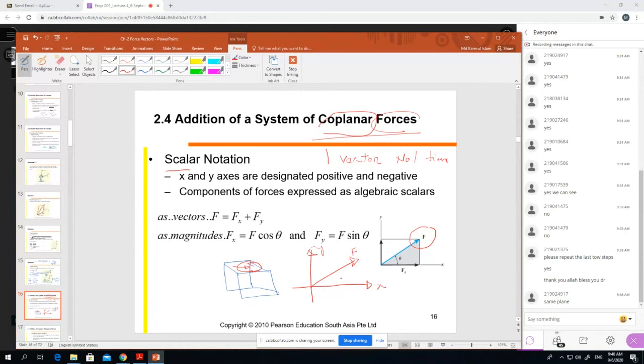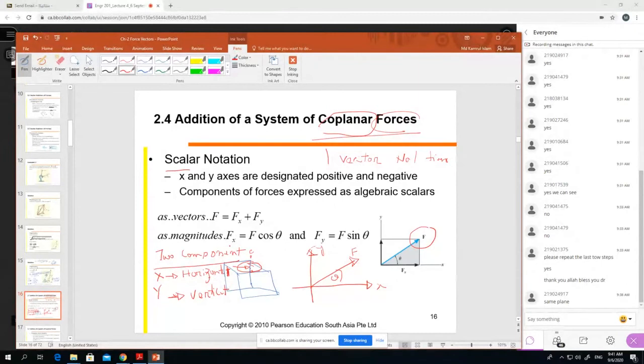Any force working with the theta angle will have two components. Remember, any inclined force will have two components. One is the x component, another is the y component, or we will say one is the horizontal component, another is the vertical component.